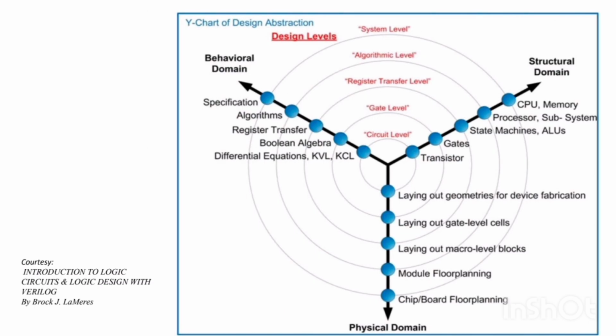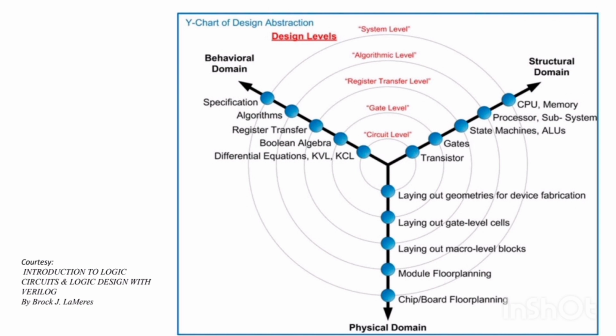Another graphic representation is shown over here, and this particular chart is known as the Gajski-Kuhn Y chart. And here in this Y chart, abstraction across three different design domains are described, that is behavioral, structural and physical domains. Among the three domains, the behavioral domain focuses on what the system does, describing its functionality without specifying implementation details.